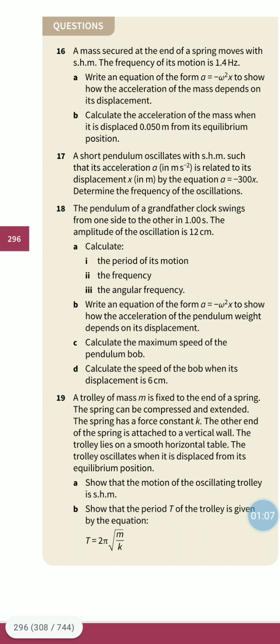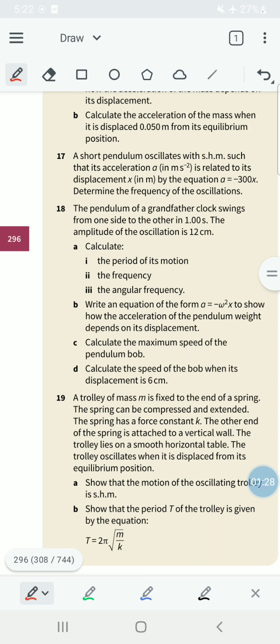Because they have given us only the frequency, and in this particular equation a equals negative omega squared x, the value for omega has not been given, we have to first figure out what omega is.